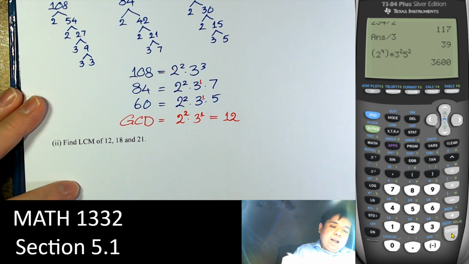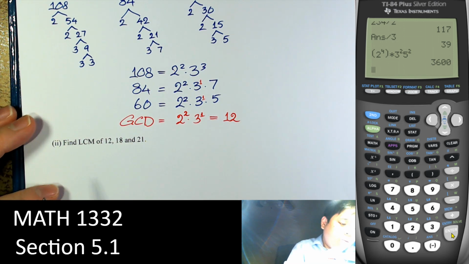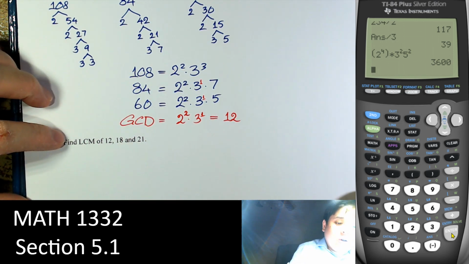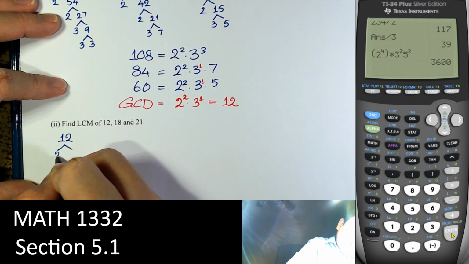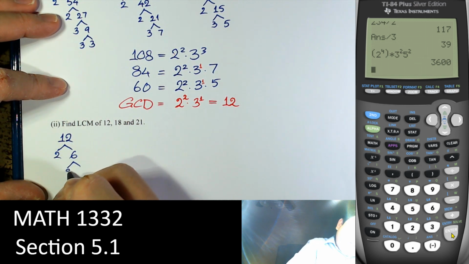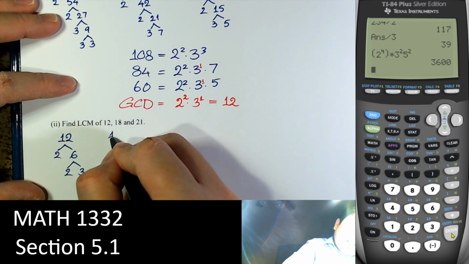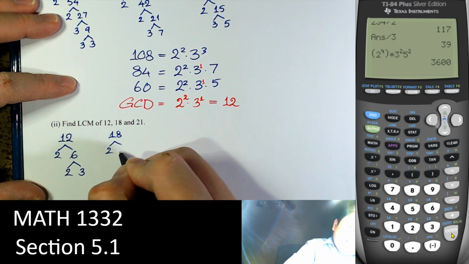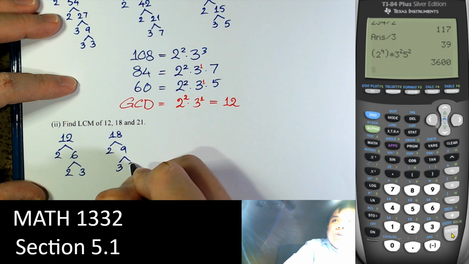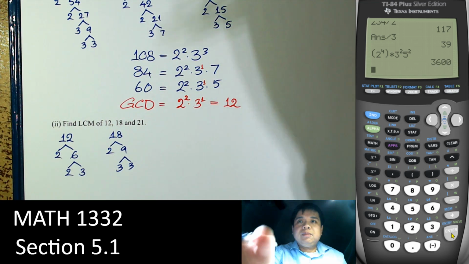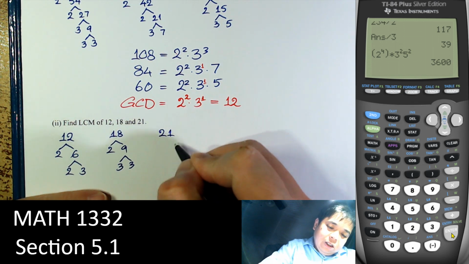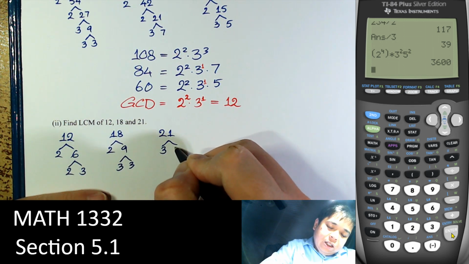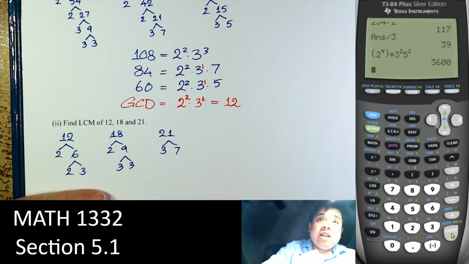Right. Now find the least common multiple of 12, 18, and 21. So 12: 2 and 6, 2 and 3. 18: 2 and 9, 3 and 3. Right? 21: 3 and 7. That's pretty much it.